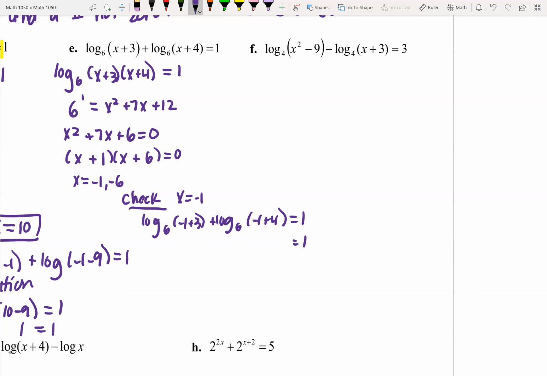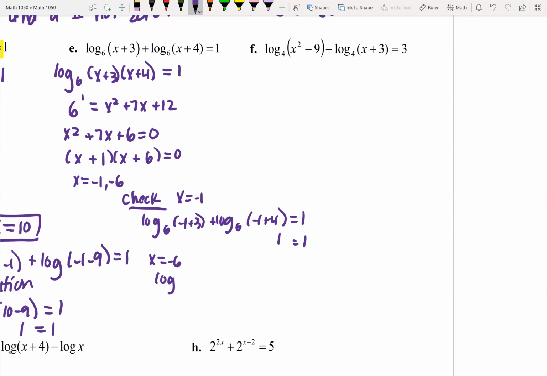Everybody go log 2, close it off, divided by log 6, close it off, plus log 3, close it off, divided by log 6, close it off, hit enter, and we got 1 equals 1. So there's a negative answer that worked, okay? Everybody go x equals -6.